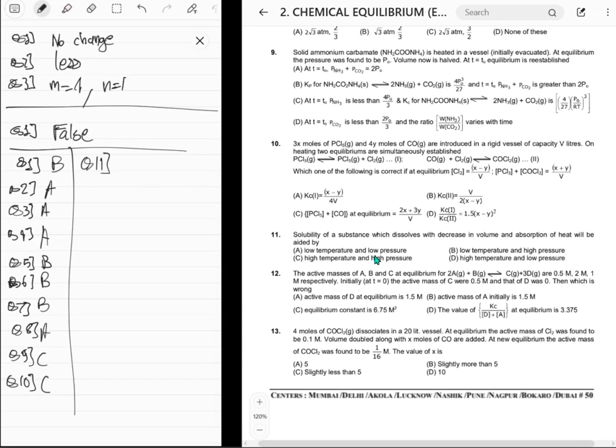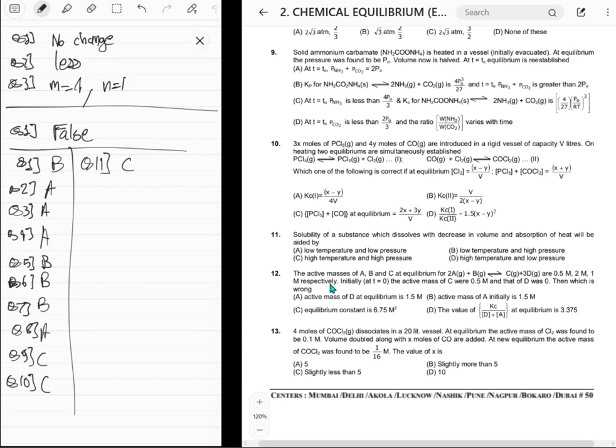So if there's a decrease in volume, then increase pressure, it will work. If there's an increase in volume, then decrease pressure, that will work. Right. So here we have a decrease in volume, and that means you want high pressure for the forward reaction to happen. So high pressure and high temperature.